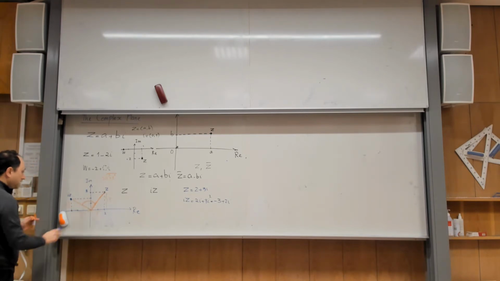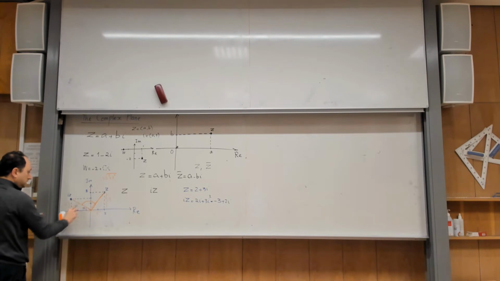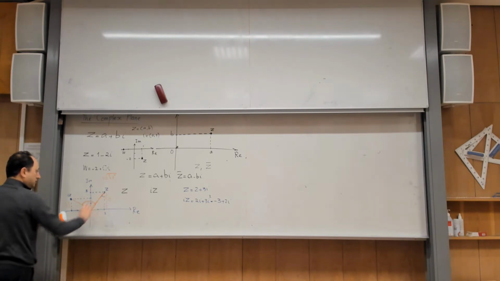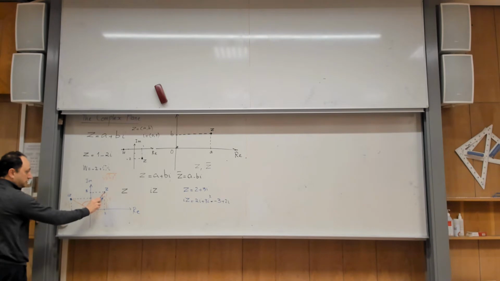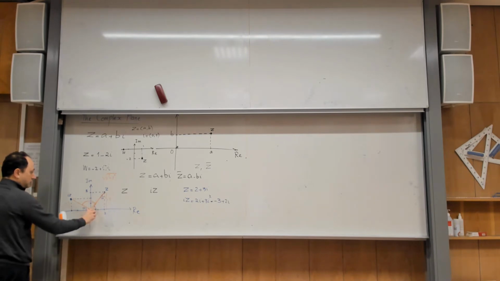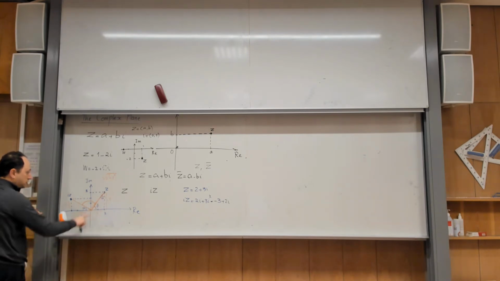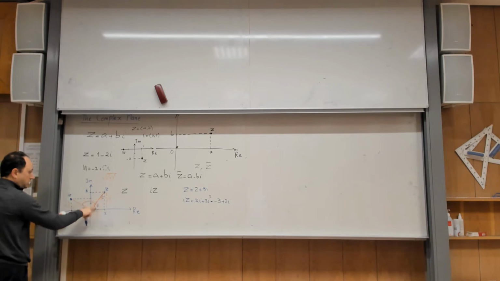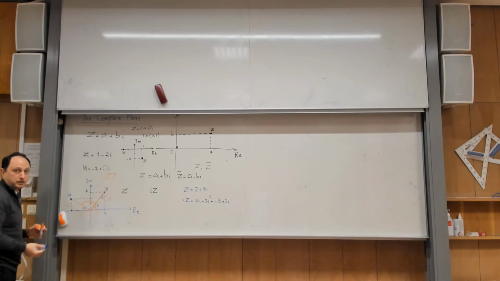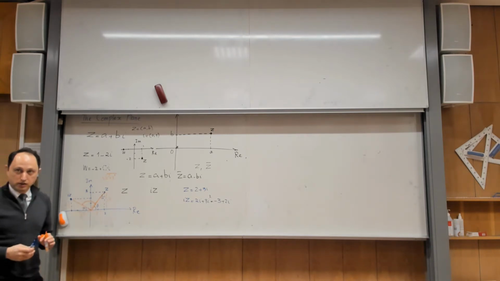If this angle is alpha, this angle is alpha again, and this angle becomes beta. So alpha plus beta is 90. So this alpha plus this beta will also be 90, so the leftover will also be 90. So that's rotation by 90 degrees.